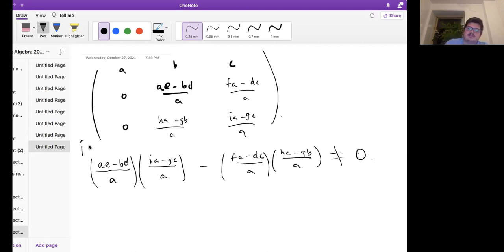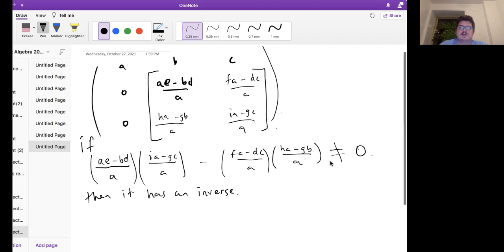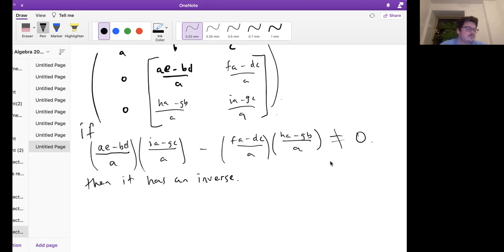So if that holds, then it has an inverse. That make sense? So this is the determinant of the 2 by 2.